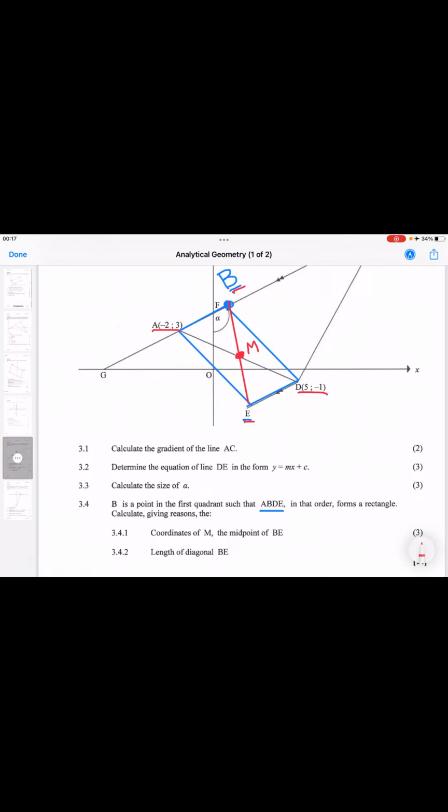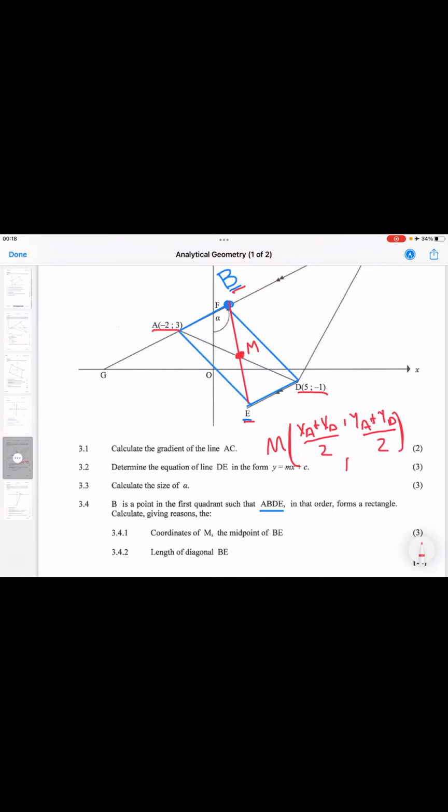So that means for this question, you are going to use the midpoint formula to calculate the midpoint using x at A, that you plus with x at D, and you divide those by 2. Y at A, you plus it with y at D, and then you divide those by 2.